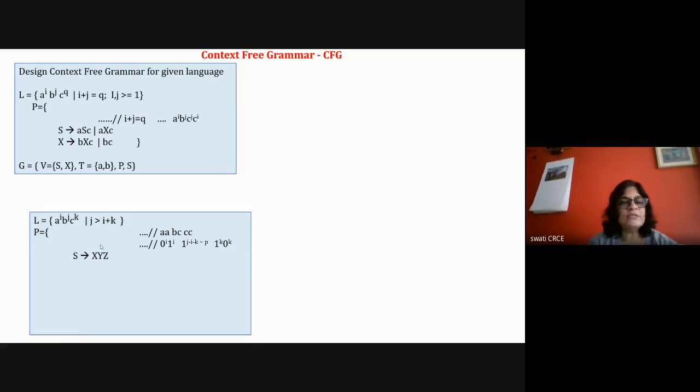So I'm using three terms here. S is equal to XYZ. My X is going to generate the number of a's equal to the number of... sorry, I'm taking here X, Y, Z and 0 and 1.